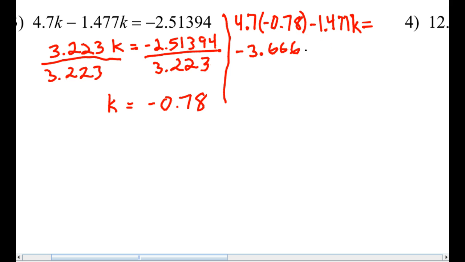Negative minus 1.477 times 0.78. There, that's what we get.